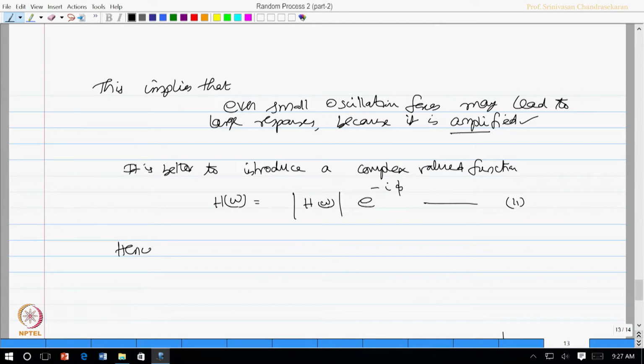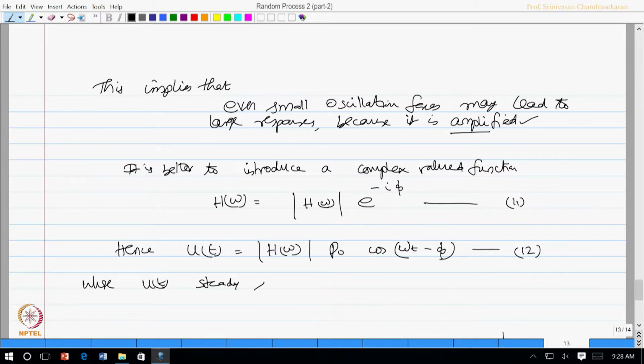Hence, the response function we are interested in will be given by the transfer function multiplied by P0 cos(omega t minus phi), where u of t is the steady state response, H omega gives the amplitude amplification, whereas phi gives the phase shift.